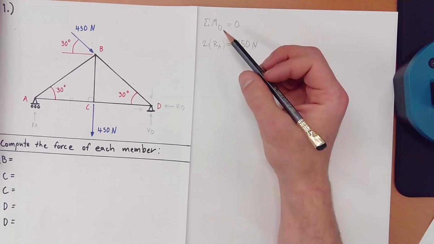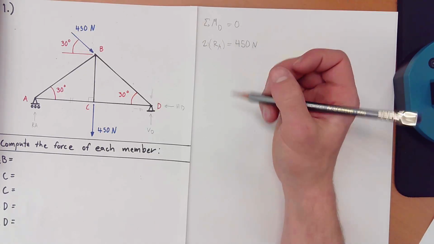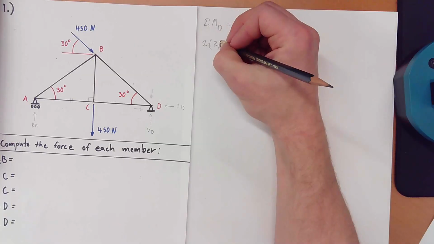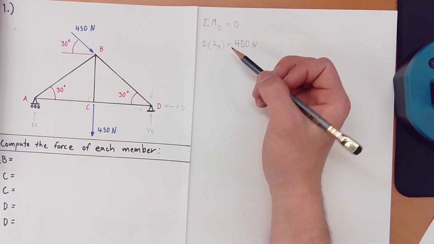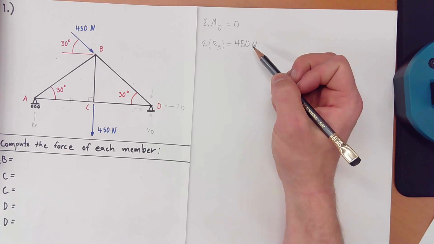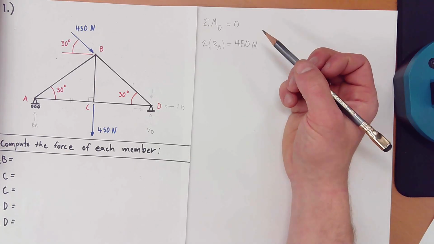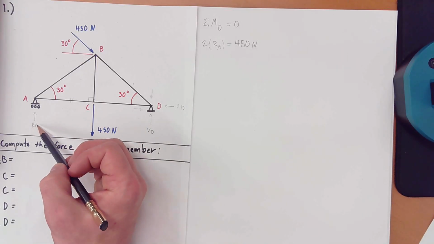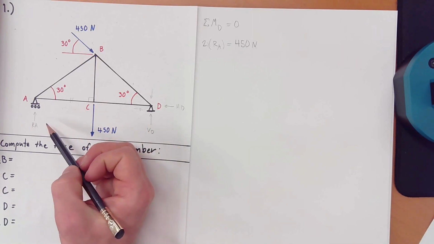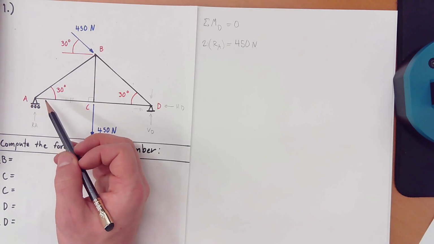2 multiplied by the reaction at the supports, or 2 times R. In this case, we're going to look at A because it's rolling, is equal to 450 newtons. So this is going to give us the opposite reaction of this force coming down at point RA, the reaction at point A right here.